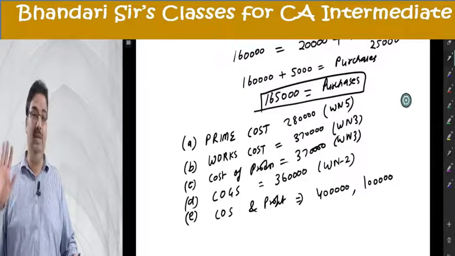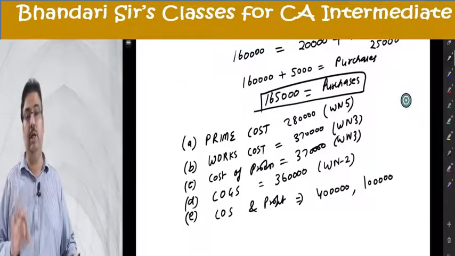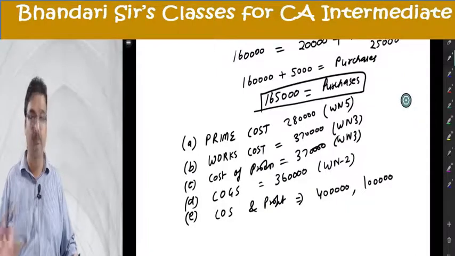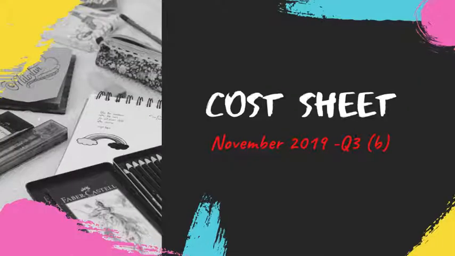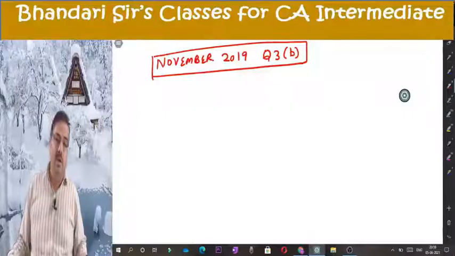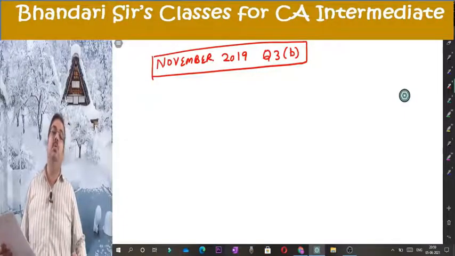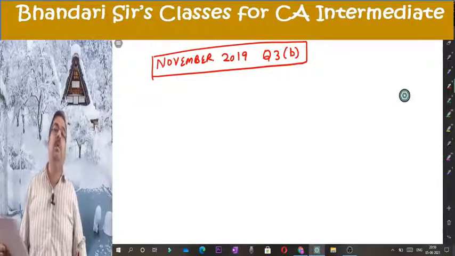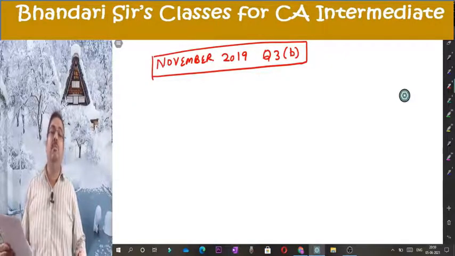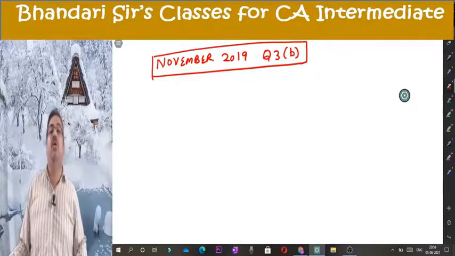This is the most recent question, January 2021, question number 2B. Another question here is November 2019, question number 3B. Now this particular question is one of the better questions in cost sheet.